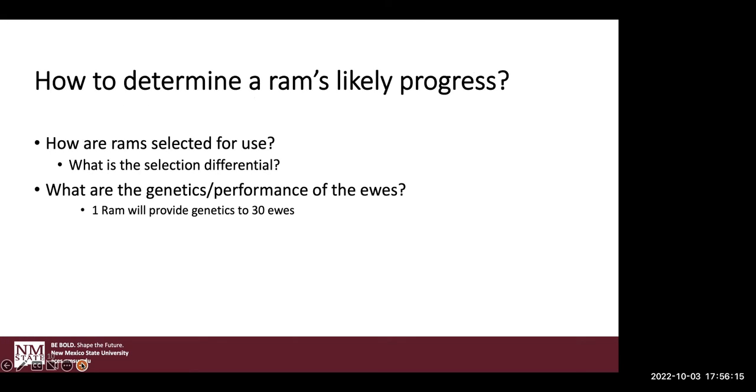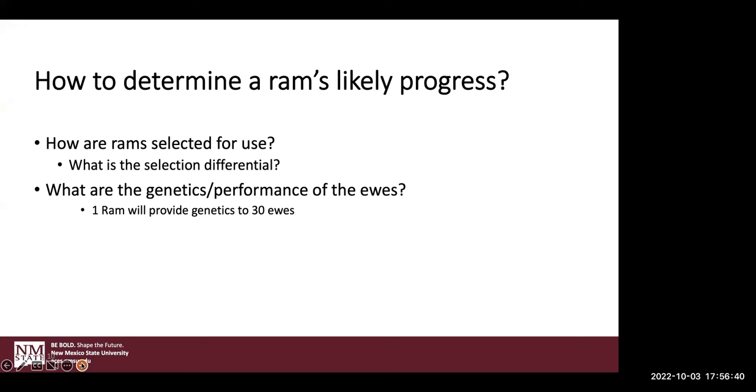How likely is the ram going to help you progress? How are rams selected for use? What's the selection differential? Basically what that means is the ram has X performance, and it may be below, but it's more than likely above the herd average of what you're doing right now. And that is what's called the selection differential.